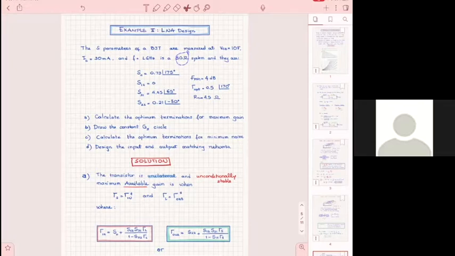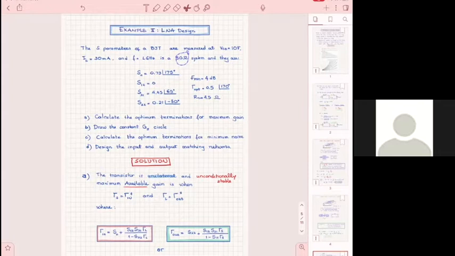So don't believe this is a real transistor. As I said, it had very small S12, I made it 0. And then I also changed the F minimum to make it work. So now I first of all want you to calculate the optimum terminations for a maximum gain.